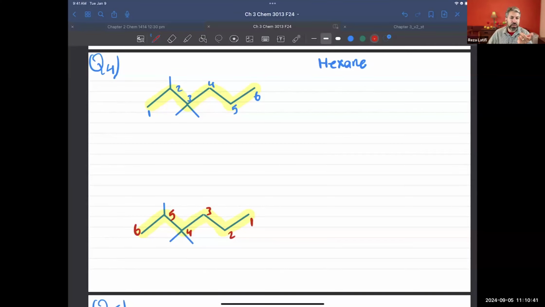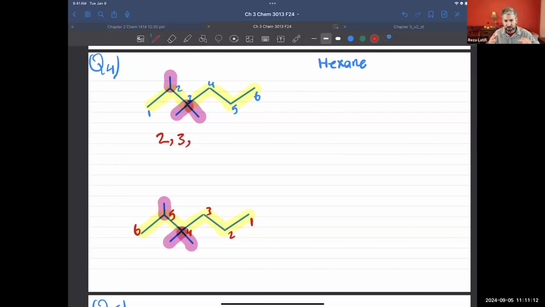Now, let's see what we have. We have methyl. Where are the methyl groups? 1 methyl is here, and then I have 2 methyls, 1 here and 1 there. Let's simply write the position of the methyl substituents. If I start labeling from the left side, I see on the 2nd carbon, comma, on the 3rd carbon, again comma.